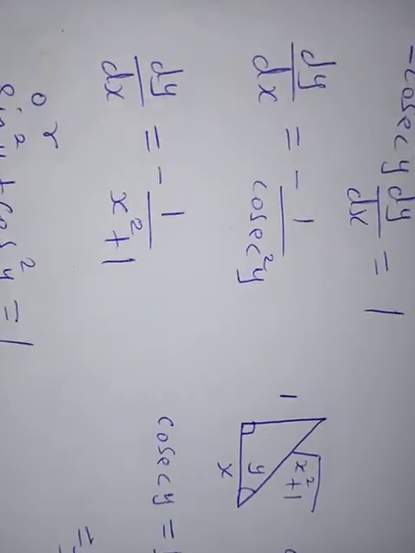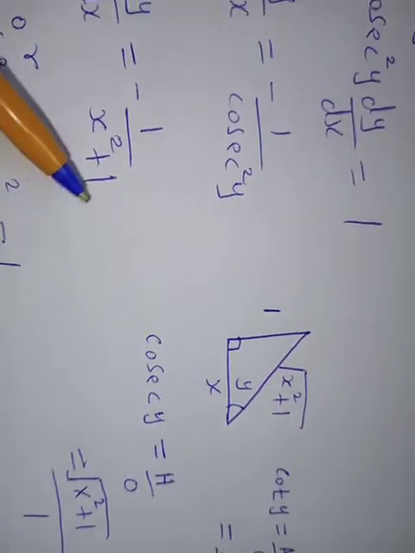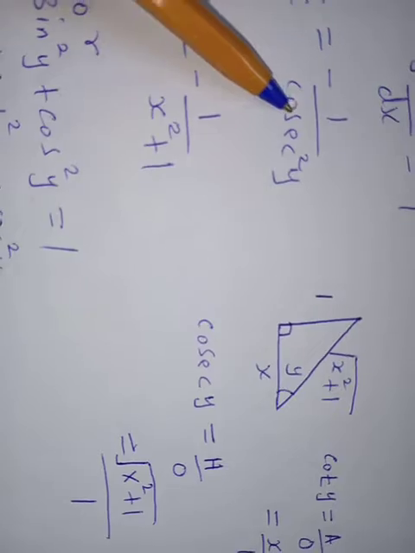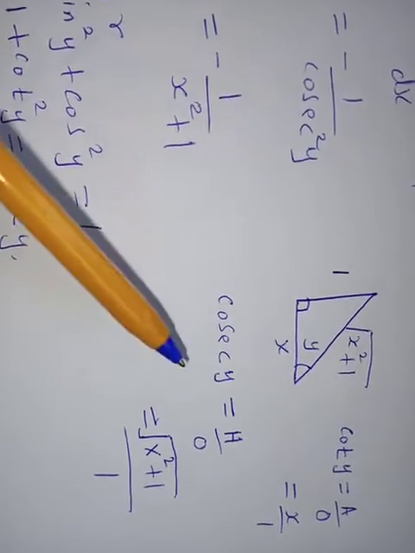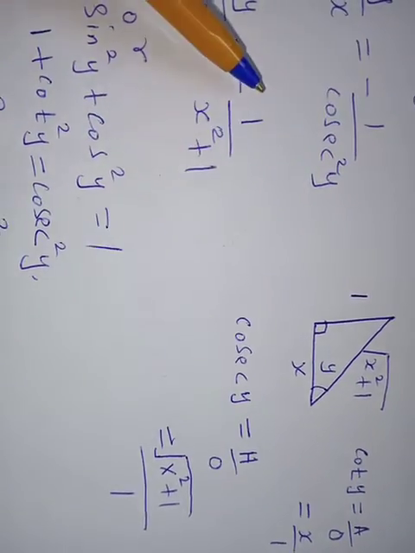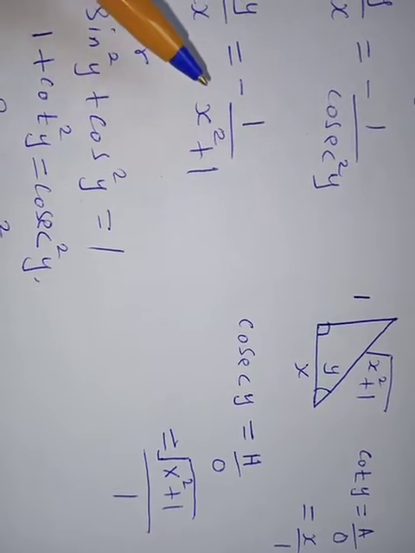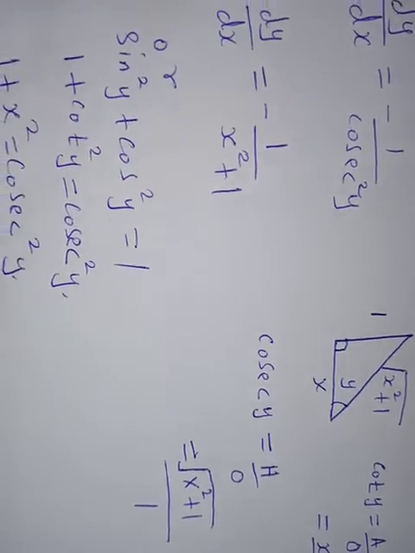Substituting the value of cosec, the square root disappears when we square, and we are left with cosec squared y equal to x squared plus 1.